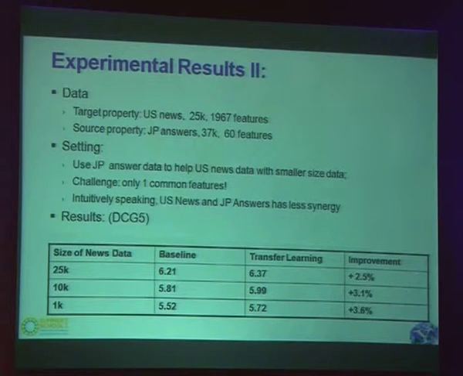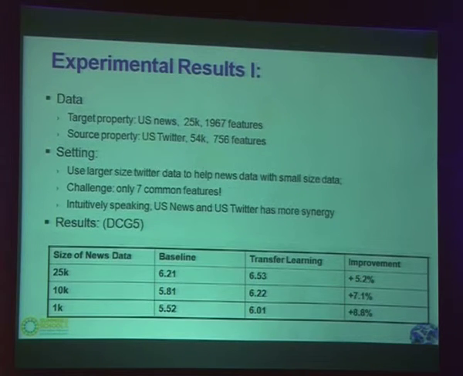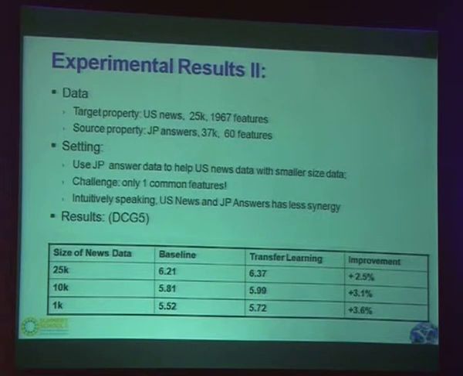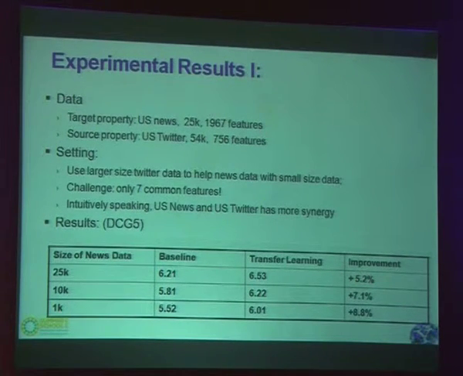Here, the common feature is even less, only one common feature. And the improvement is smaller than the previous one, because the similarity between US news and Japan Answers is smaller than the similarity between US news and US Twitter.